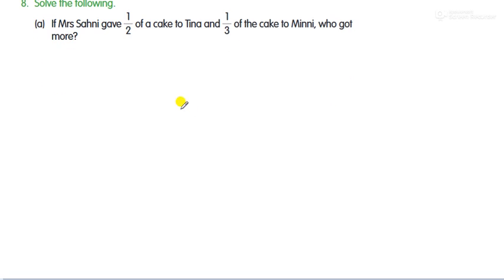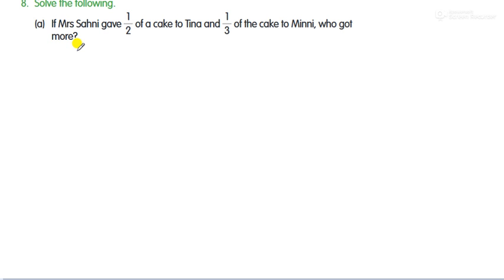Solve the following. Mrs. Sani gave 1 by 2 of a cake to Tanya and 1/3 of a cake to Guni. Who got more? So here we have to find out who got more. What do we have to do here? Yes, we have to compare.